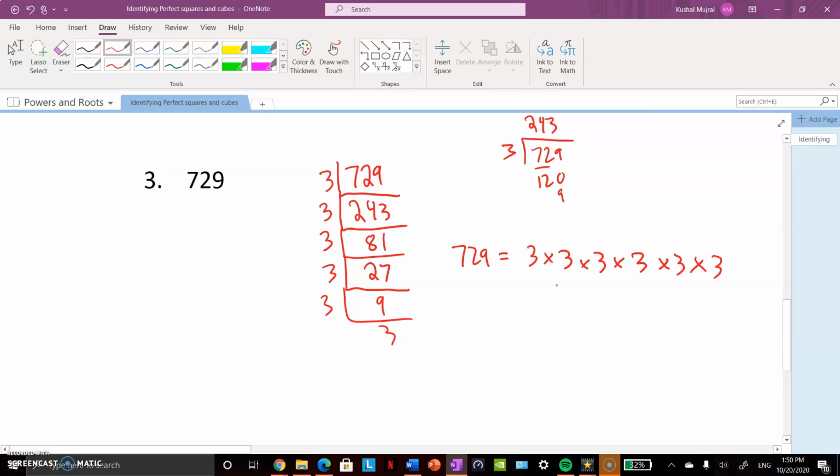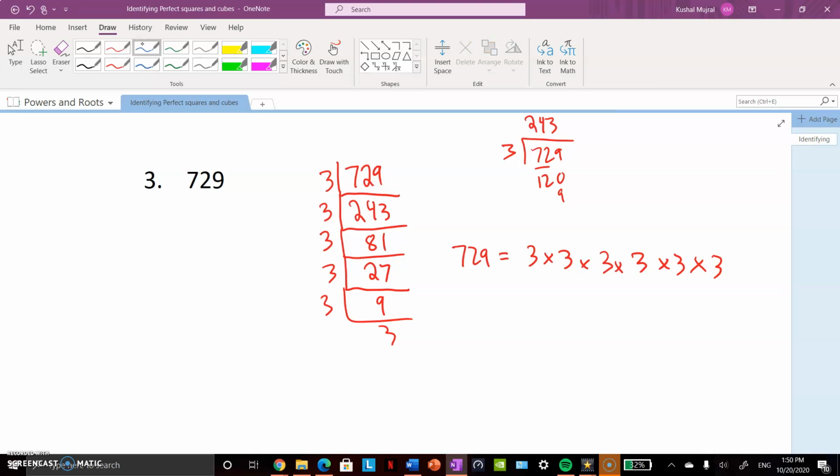Now you might be tempted to say, oh, so that means 729 equals 3 to the 6. But look again, the scale that we're looking at is perfect squares and perfect cubes. 3 to the power 6 is not a square, and it's not a cube. We want to put this in a form where it's a square or a cube. So let's group this.